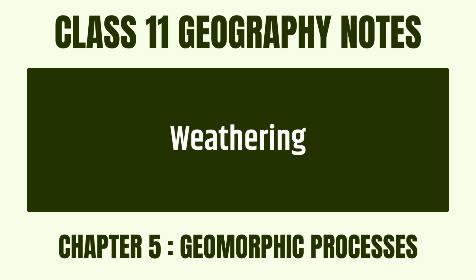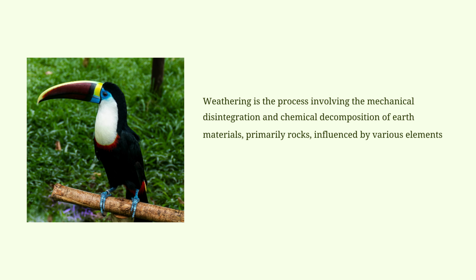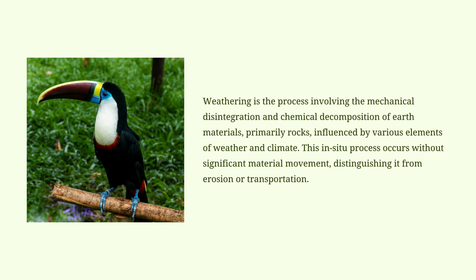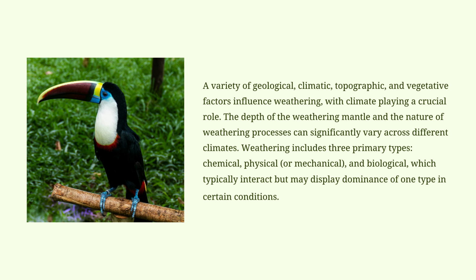Now, let's learn about weathering. Weathering is the process involving the mechanical disintegration and chemical decomposition of earth materials, primarily rocks. It is influenced by various elements of weather and climate. This in situ process occurs without significant material movement, which distinguishes it from erosion or transportation. A variety of geological, climatic, topographic, and vegetative factors influence weathering, with climate playing a crucial role.